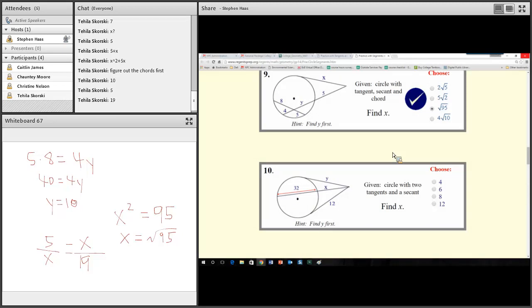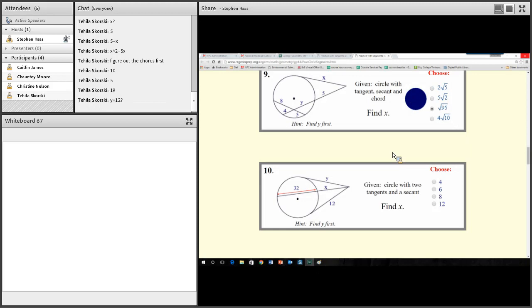What about this one? How do we find x? Well, we'd really have to do the same thing as we did before. I'm just trying to figure out why they're putting a y over there.